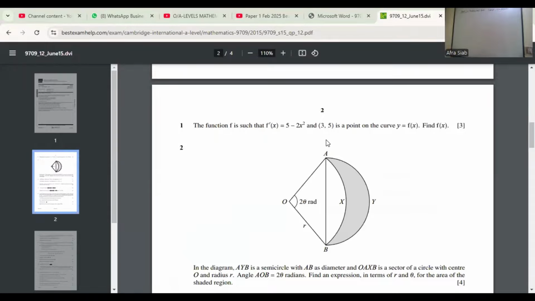So, f dash of x is equal to 5 minus 2x square, and it is passing through this point (3, 5), and you are going to find out f of x for this curve.